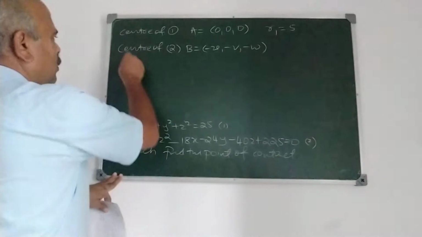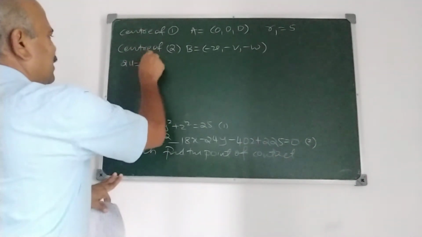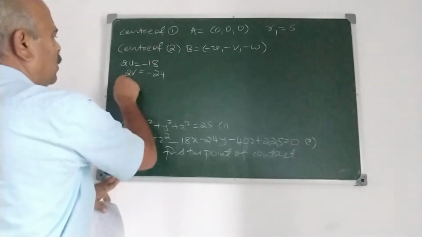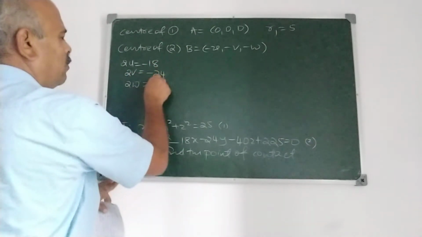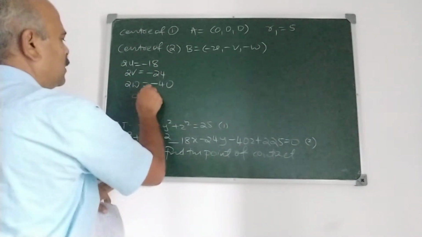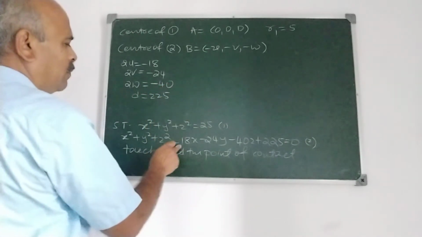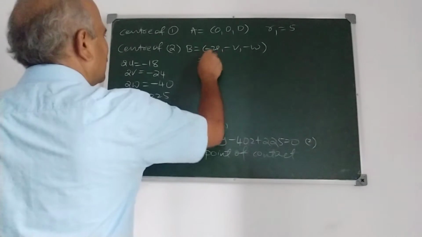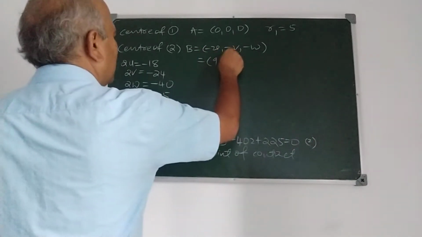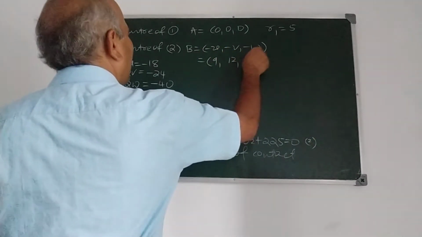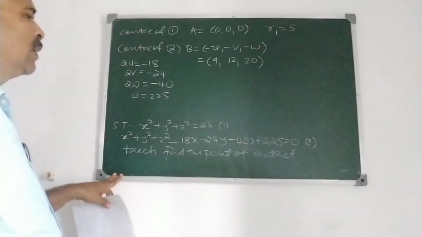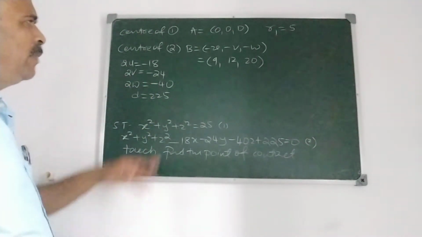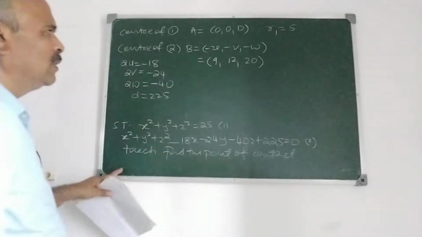How to write U, V, W? 2U is minus 18, 2V is minus 24, 2W is minus 40, D is equal to 225. So what is the center? 9, 12, 20. Correct? 9, 12, 20, because it is minus U, minus V, minus W.